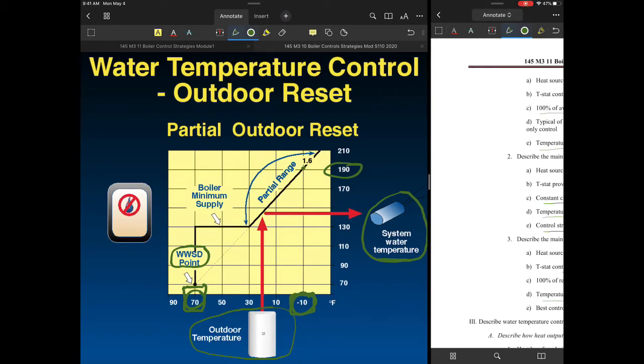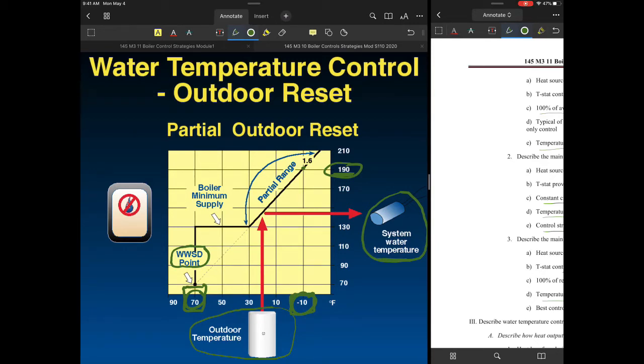By identifying the 70, or 60 or 65, depending on what you feel, and your outside design temp, I'm just giving -10 as an example. There are some applications where you may have to set it at 20 below or 15 below. It depends on what you use as your design temp.